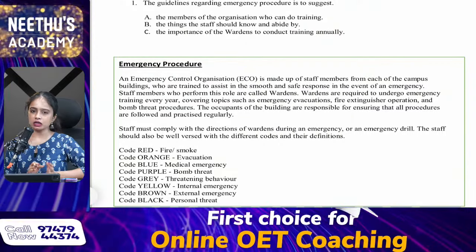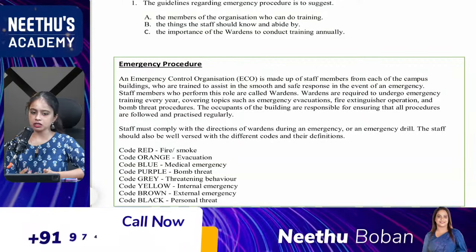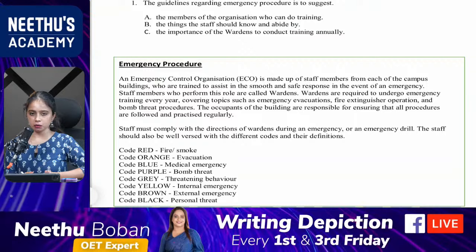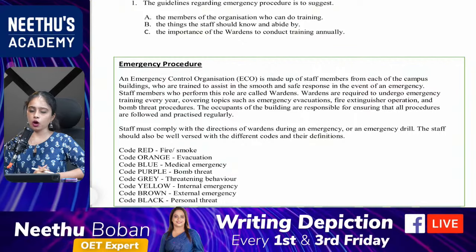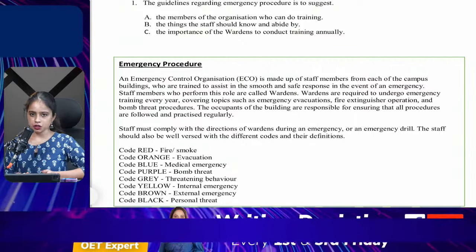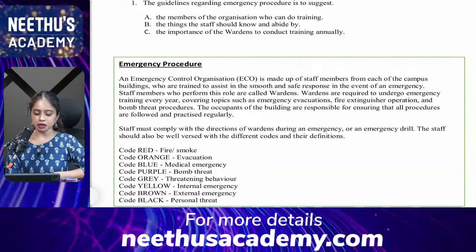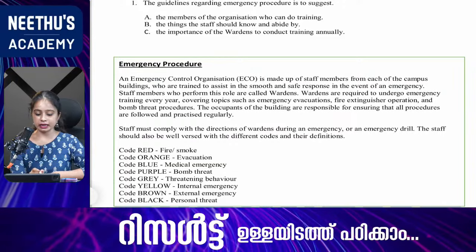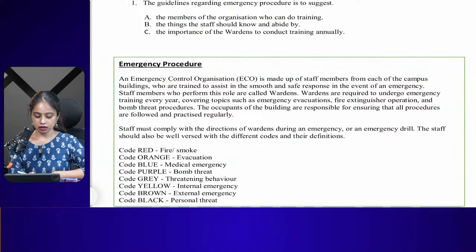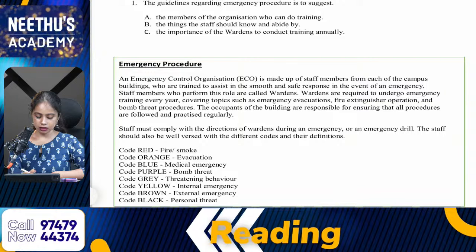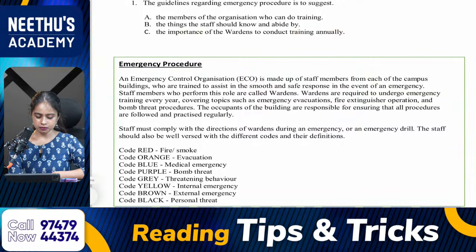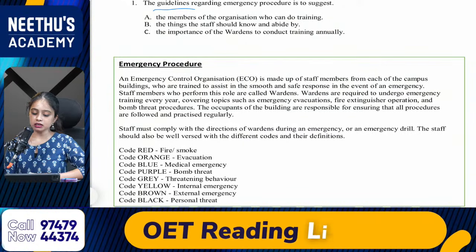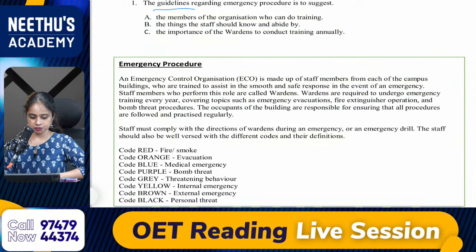Either you can read the question first, then the options, and then move to the paragraph, or you can read the question, then the paragraph, and then go with the options. It's up to you. This particular question is from the category we can call guidelines: the guideline regarding emergency procedure is to suggest.